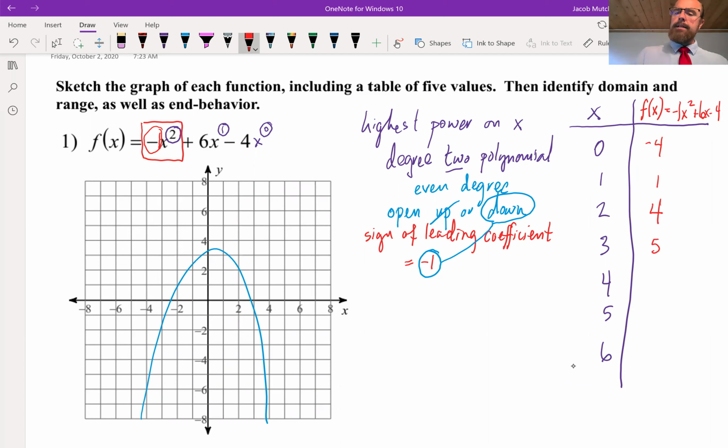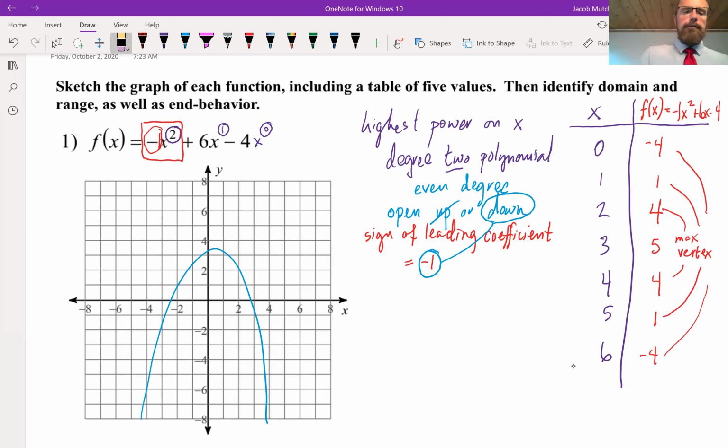And as I see 4, 4, I see that this definitely is my maximum, or in this case, my vertex. So I do see a pattern around it which repeats. That 5 has an output of 1, just like the output of positive 1. 6 has an output of negative 4, which repeats the output at 0. Very symmetrical. So now we're ready to graph our function.